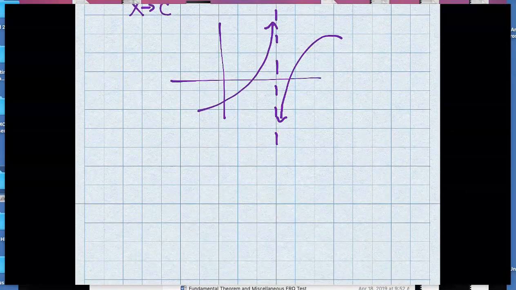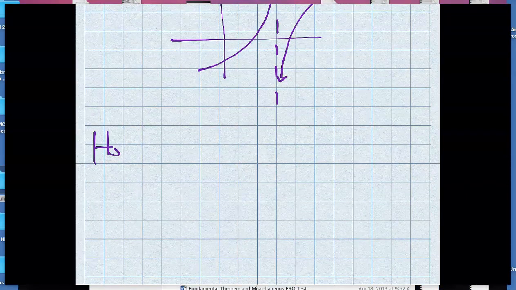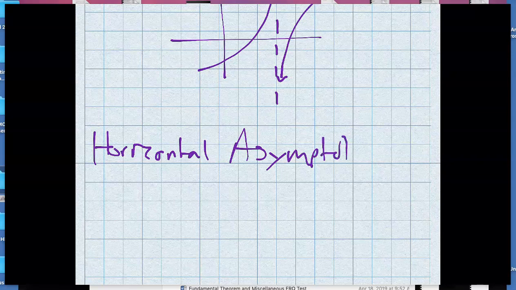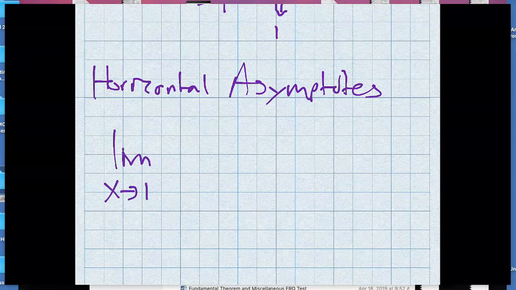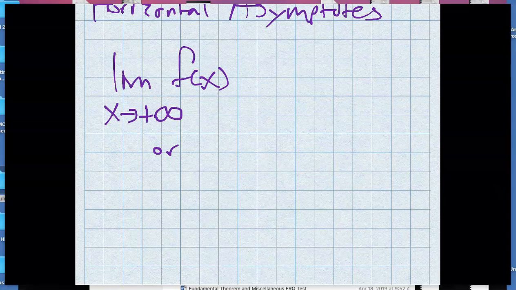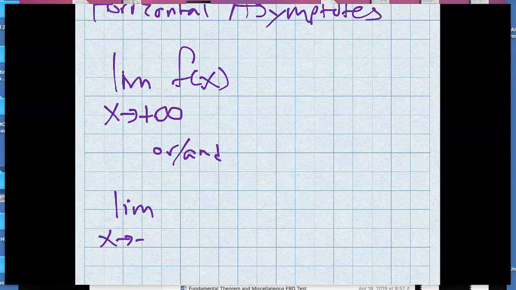Horizontal asymptotes are a little bit different. Horizontal asymptotes are the case where you're looking at what happens as x goes towards positive infinity and what happens when you take the limit as x goes towards negative infinity.